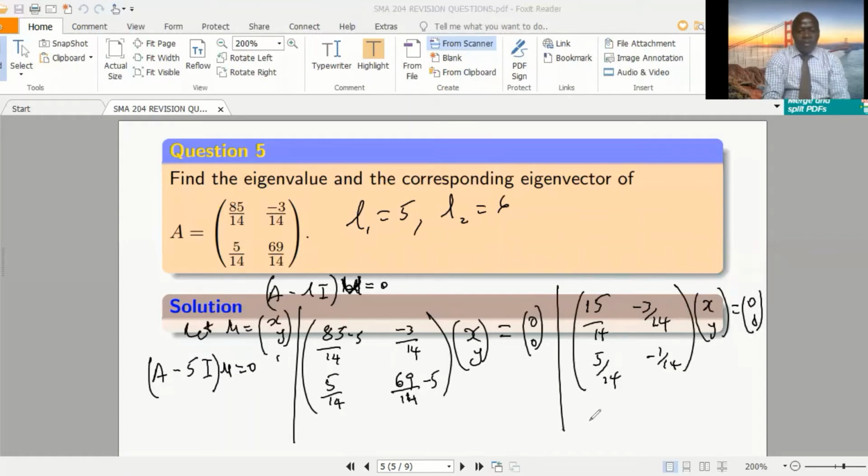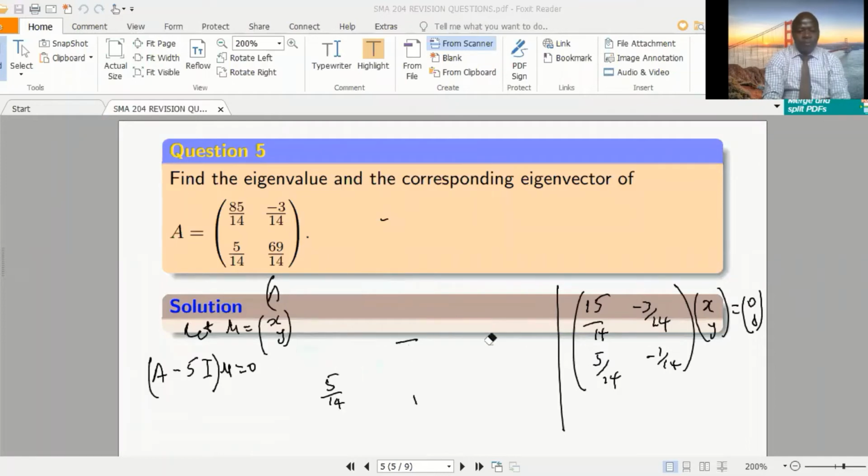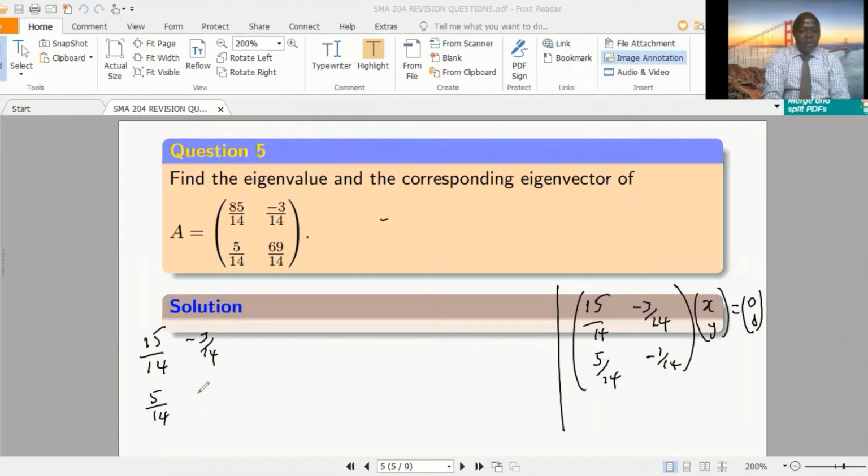From here now we go to Gaussian elimination. We have 15 out of 14, negative 3 out of 14, 5 out of 14, and negative 1 out of 14, 0, 0.